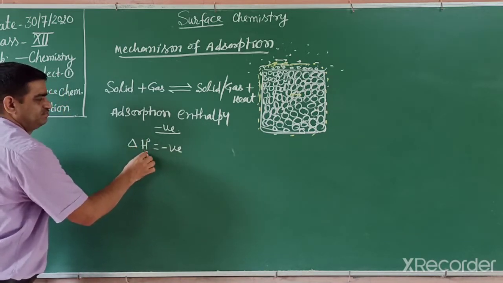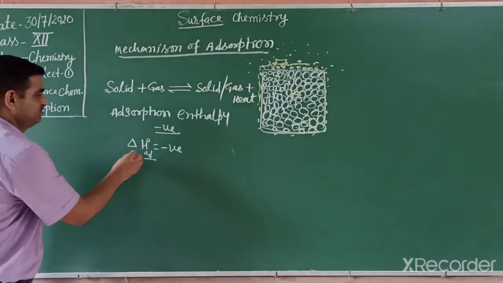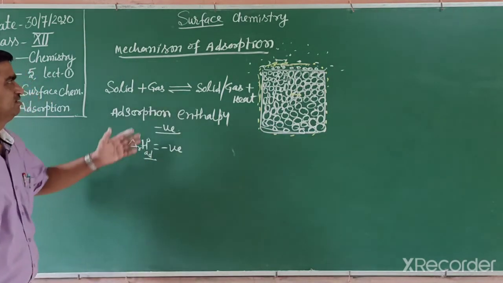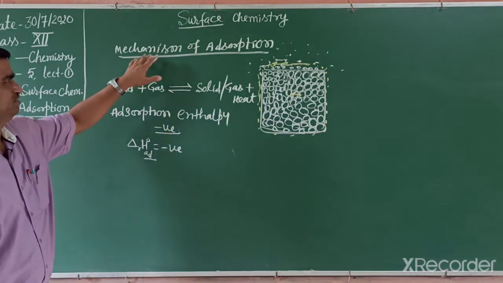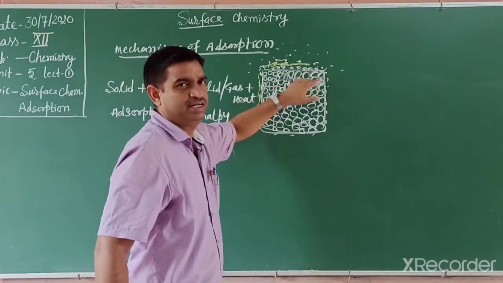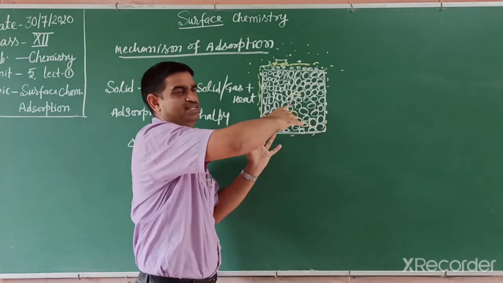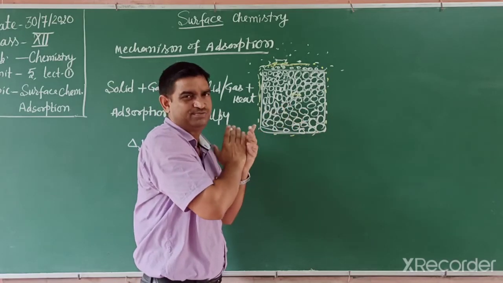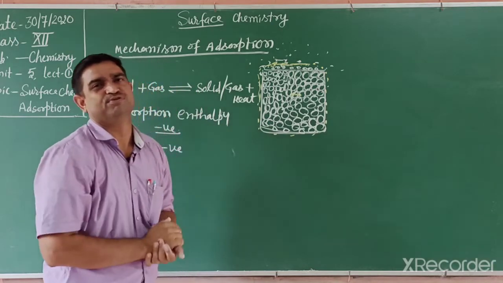So students, we will explain this in a thermodynamic way. How does this adsorption occur? The reason behind adsorption is unequal force, because the molecules on the surface have unequal force, so they attract outside molecules by different types of force.